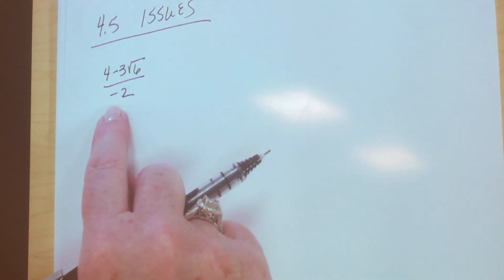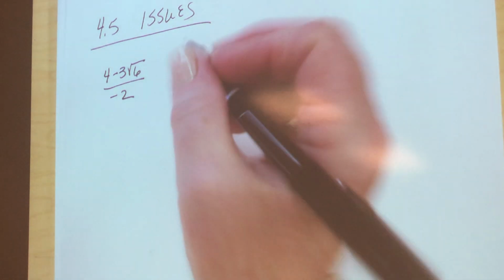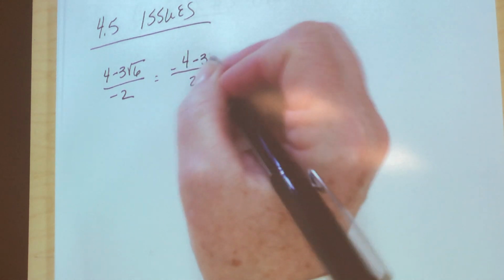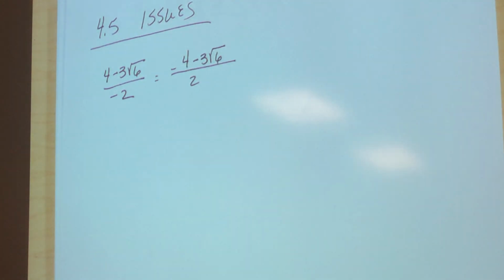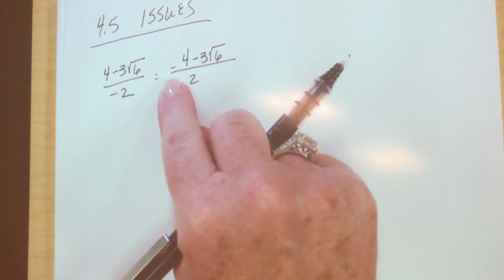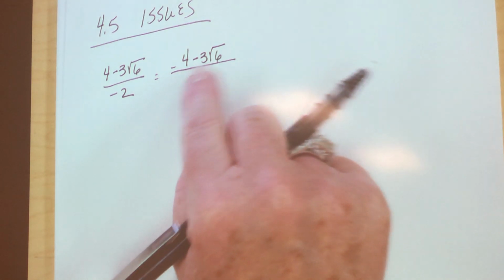All right? So here's some of the stuff that I saw. Sometimes kids did this. They just pulled that negative up to the top. Can you do that? No, you can't, because there's more than one term up there. So you can't just pull the negative up to the top. If I pull it up to the top, what do I have to do with it? Yeah, you have to distribute it.